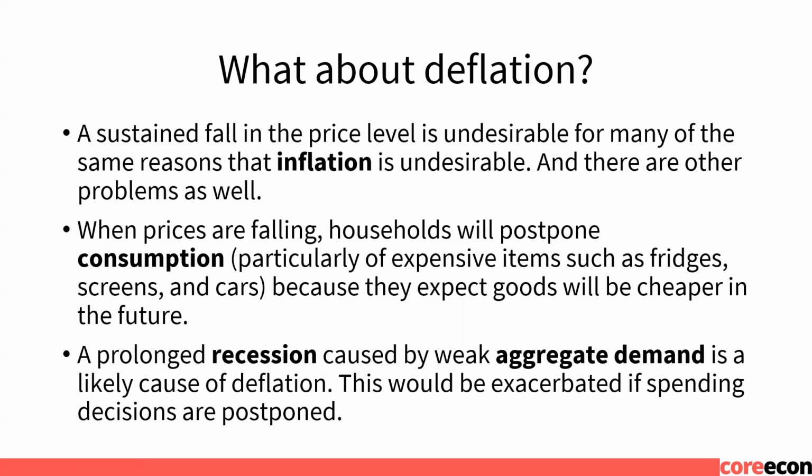So a prolonged recession caused by weak aggregate demand is a likely cause of deflation, right? When there's less demand, we see a correspondence to lower prices and a decline in the price level. And this could become even worse if spending decisions are also postponed by households.